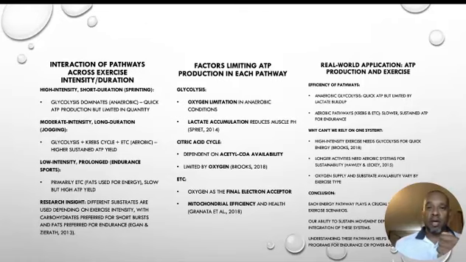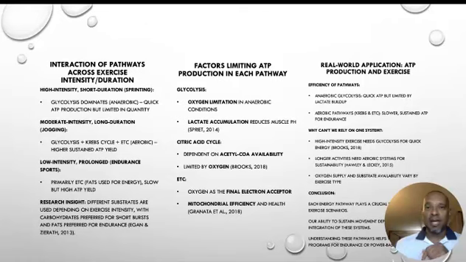For moderate intensity, long duration activities like jogging, a combination of glycolysis, the Krebs cycle, and the ETC work together to produce a higher and sustained ATP yield. In low intensity, prolonged activities such as endurance sports, the ETC becomes the primary energy source, using fats for a slower but larger ATP production.